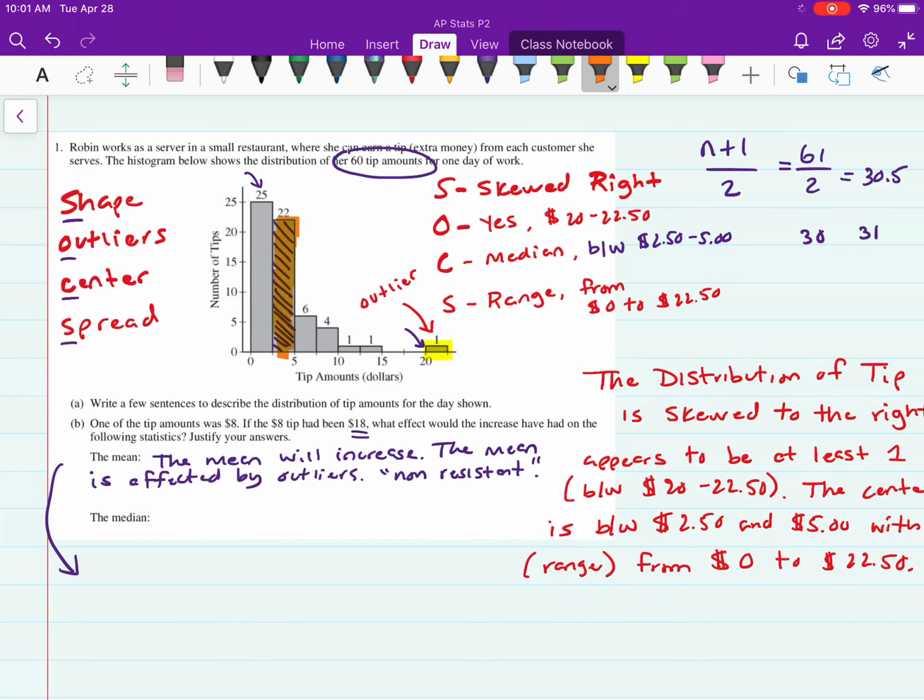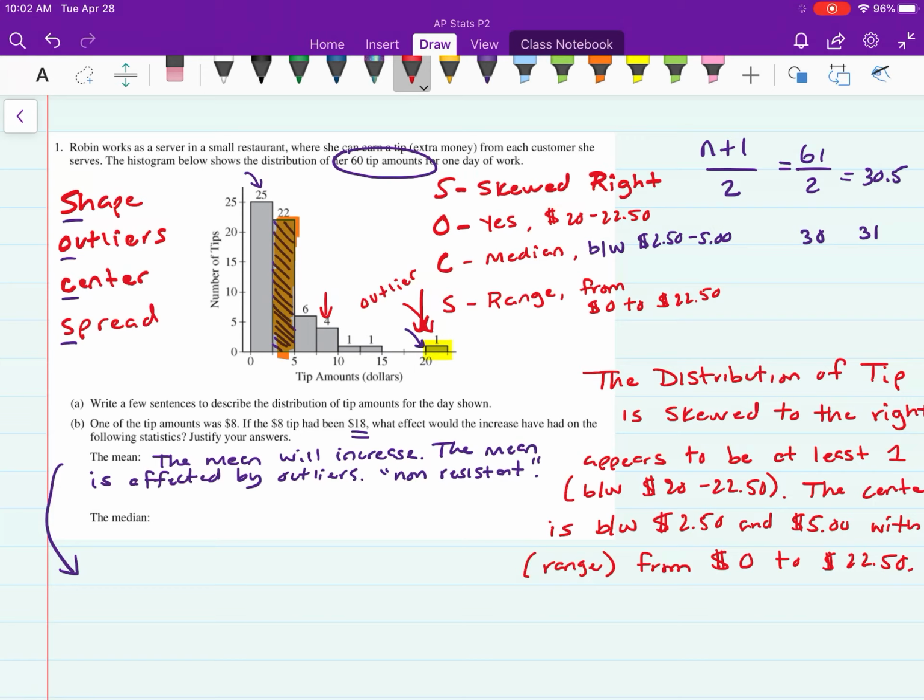That's where the middle tip is. And an $8 tip, even if it isn't changed, is going to be somewhere in this bar. Actually, no. The $8 tip is going to be in this bar. If I switch it to be $18, it's going to be somewhere over there.